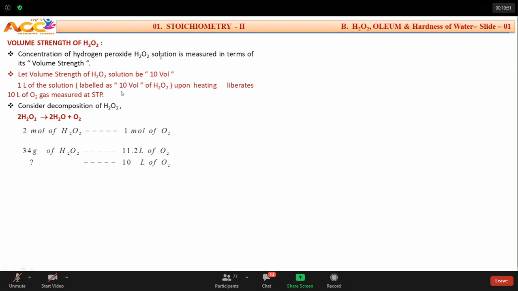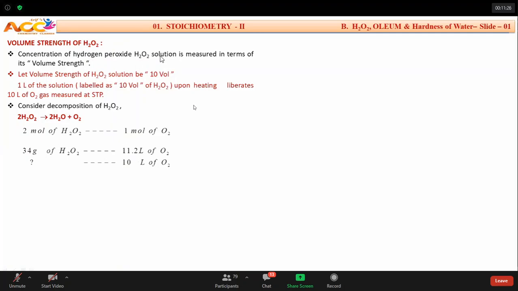No sir, in my sample I am getting only 10 liters of oxygen. If it is 10 liters of oxygen, what will be the corresponding weight of hydrogen peroxide? That weight is available in 1 liter of sample labeled as 10 volumes. Learn properly: 34 grams gives you half mole of oxygen, 11.2 liters. 11.2 liters requires 34 grams of H2O2.